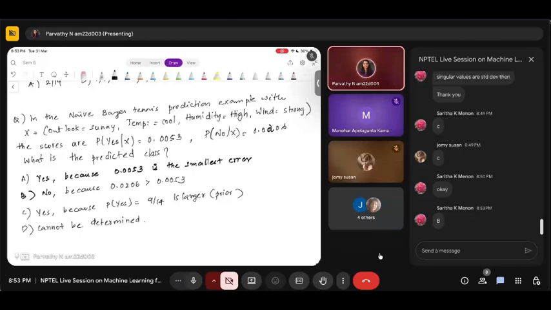What is the predicted class? Yes, because 0.0053 is small error. No, because 0.02 is greater than 0.005. Yes, because the probability of yes is 9 by 14, which is large. Cannot be determined. So it is the highest probability.